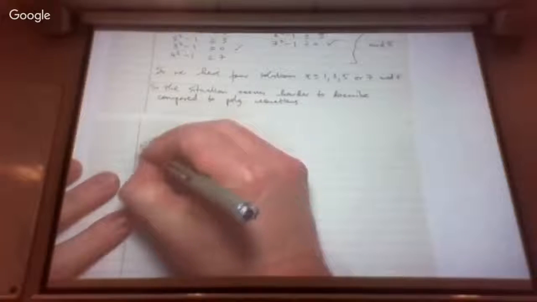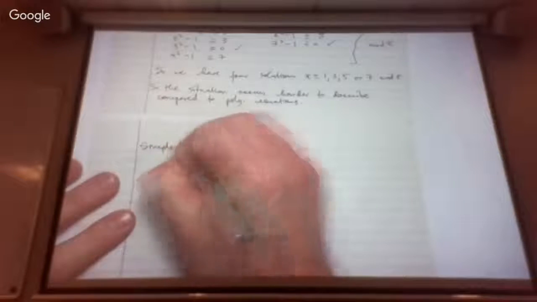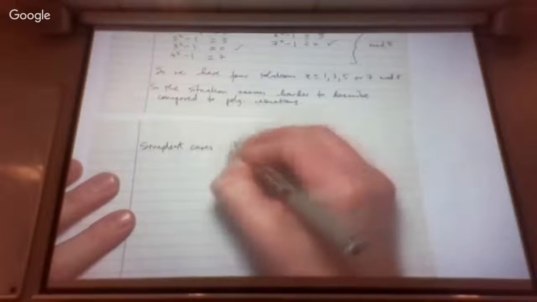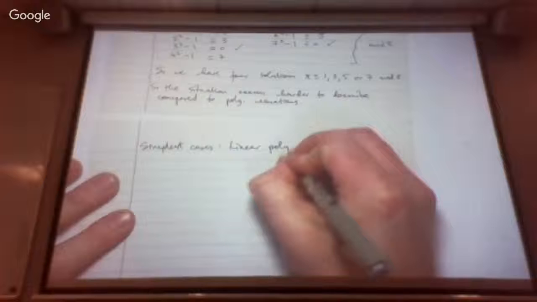Okay, so there's no x squared, no x cubed, etc. It's just degree 1. So it's something times x plus a constant term, and we're looking for zeros of that. Okay? So the simplest cases will be linear polynomials.